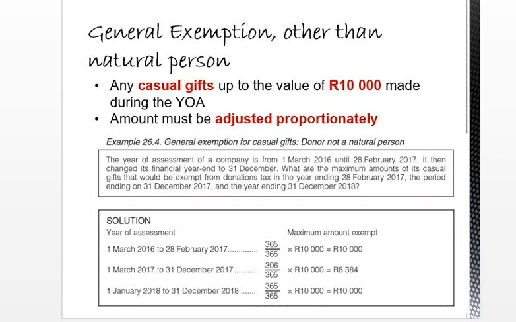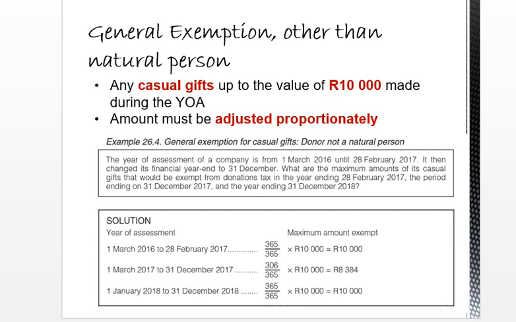So if we look at the financial year from the 1st of March 2016 to the 28th of February 2017, so that's basically for a year, 10,000 Rand multiplied by 360 over 360, so that's then 10,000 Rand. So the full, you may deduct the full exemption, this company. But now, this company changed its financial year end to 31 December 2017.